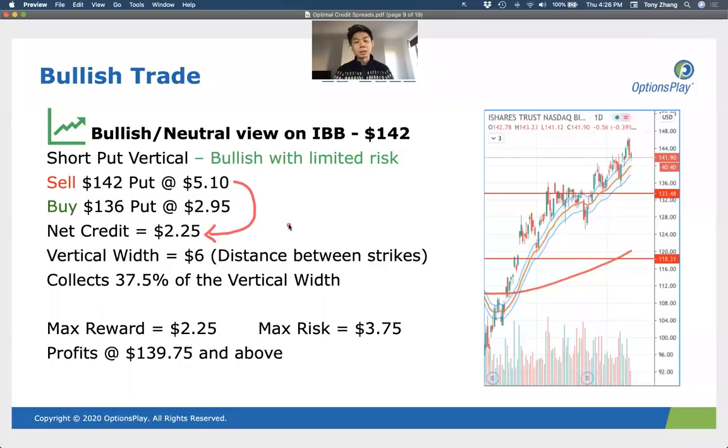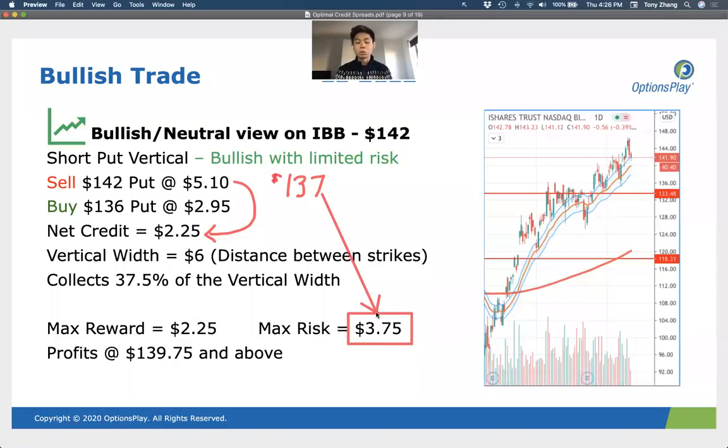But what I've done is I've decreased my risk. If I just sold the naked put for about $5, then my total risk on that trade is about $137. Granted, that's far-fetched because the stock would have to go to zero in order for that to happen by my expiration date. But what I have done is I've reduced my risk from $137 down to just $3.75.